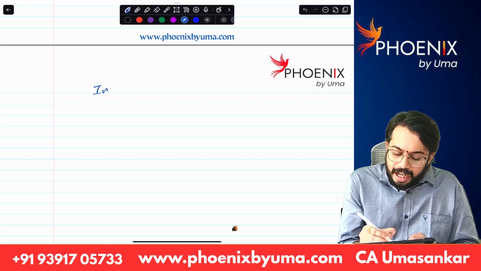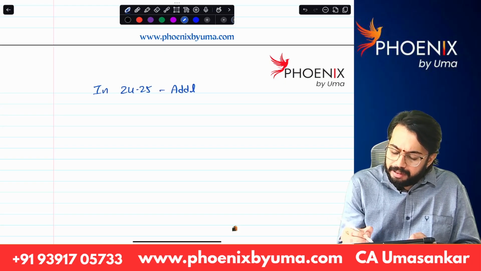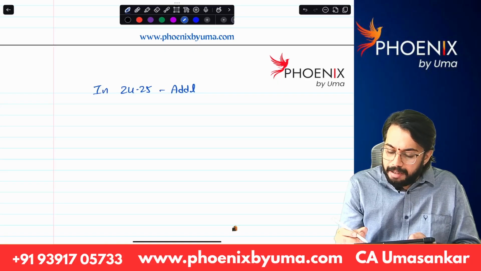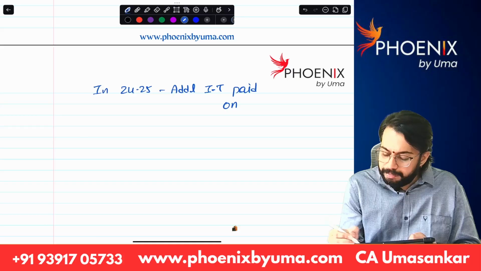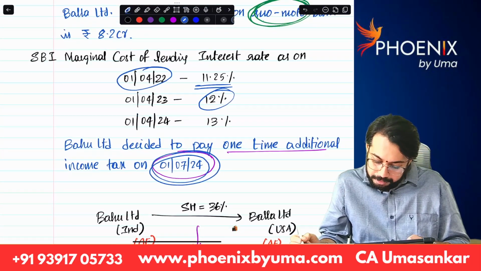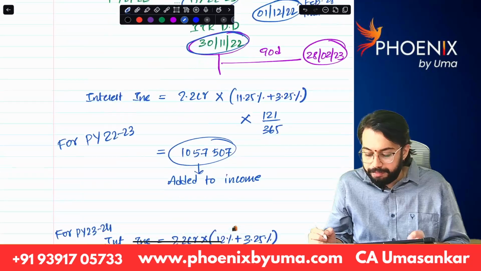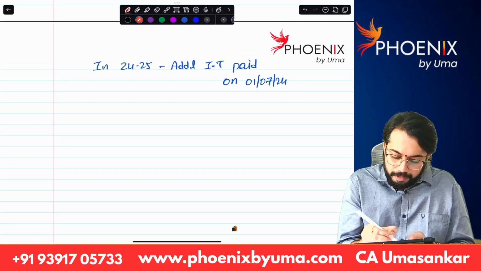In 24-25, additional income tax was paid. When was additional income tax paid? Paid on 1st July 24.